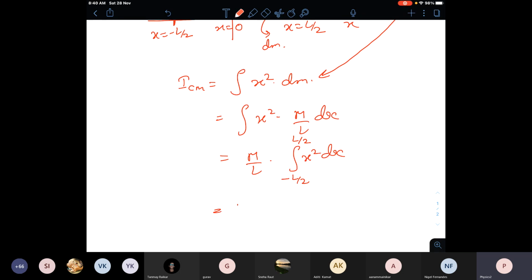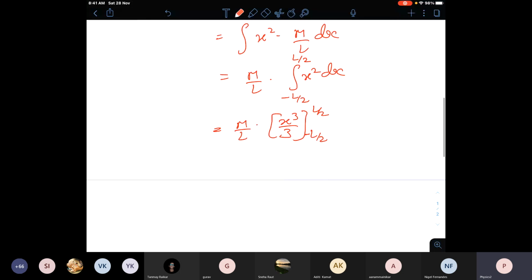Again, m by l is the constant, it is outside. Integration of x square is x cube by 3. But now the limits are minus l by 2 to l by 2. Replace the upper limit: l by 2 whole cube by 3, minus the lower limit, that is minus l by 2 whole cube by 3. Upper limit minus lower limit.